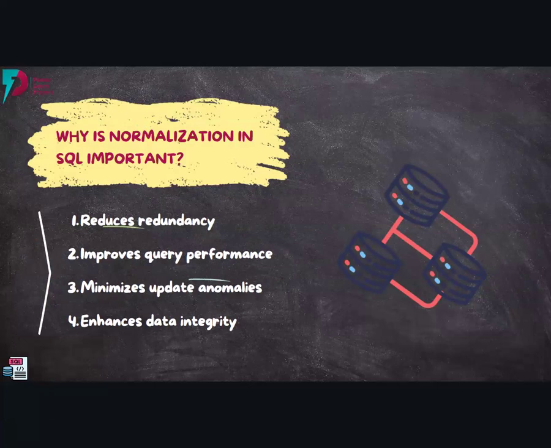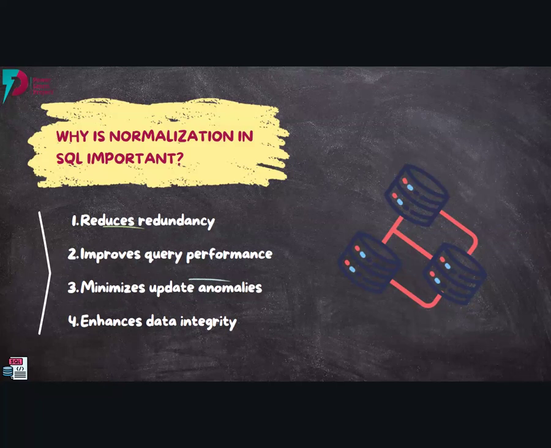I touched on reducing redundancy, improving query performance, minimizing update anomalies, and enhancing data integrity. We say redundancy is when the same information is stored multiple times, and a good way of avoiding this is by splitting data into smaller tables.